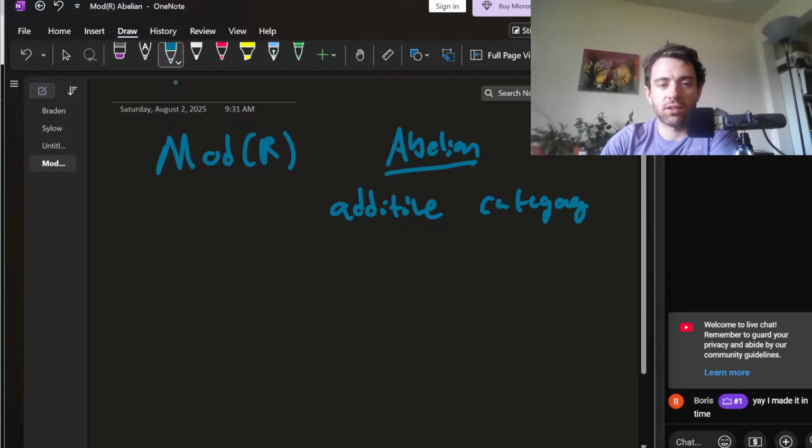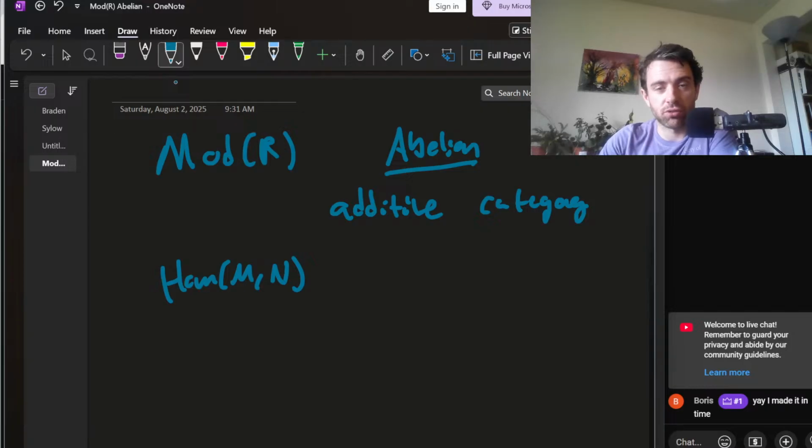What does that mean? That all of your Hom sets have the structure of an abelian group in a way that's compatible with composition.